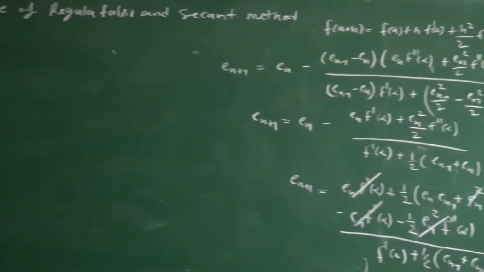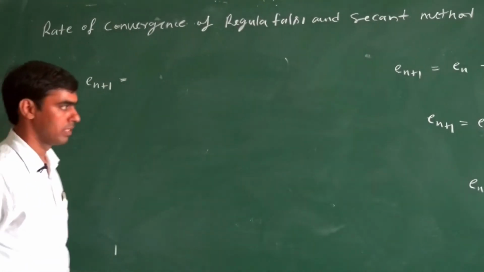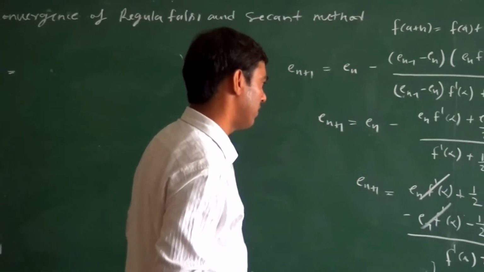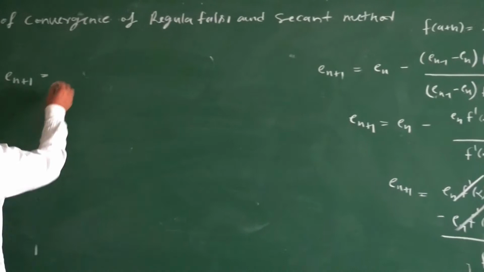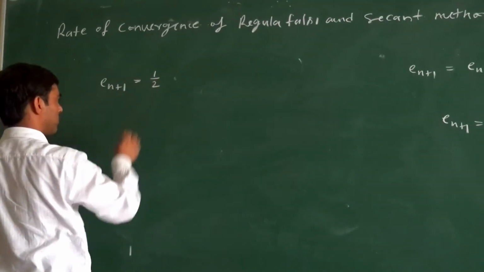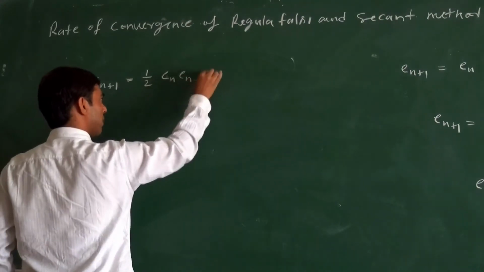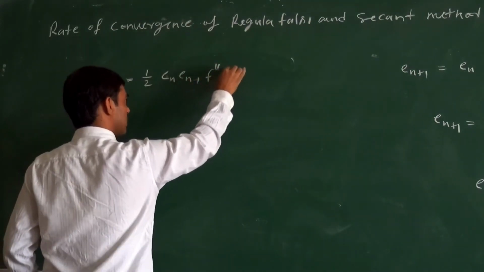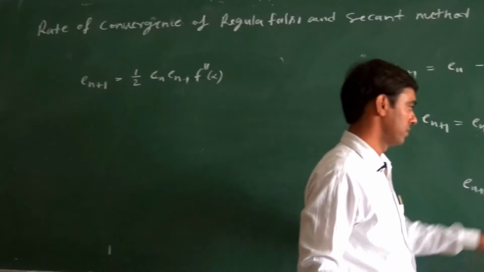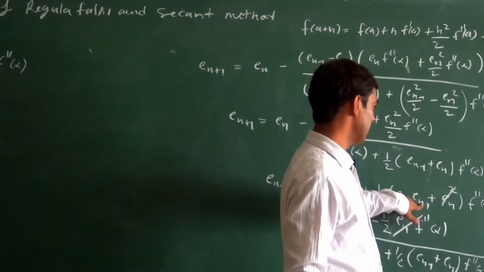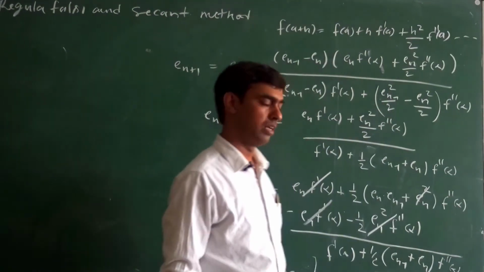Now the remaining expression becomes e_n plus 1 equals, in the numerator, what is the value? The value becomes 1 by 2 e_n minus 1 f double dash alpha. This expression, 1 by 2 e_n minus 1 f double dash alpha.